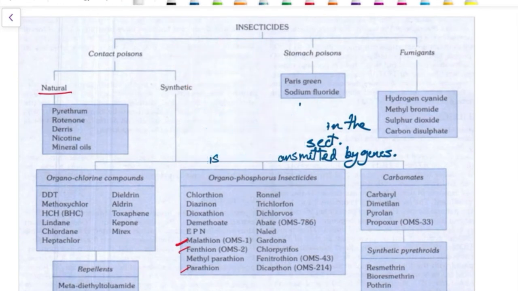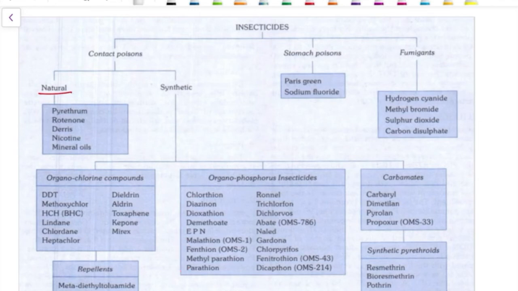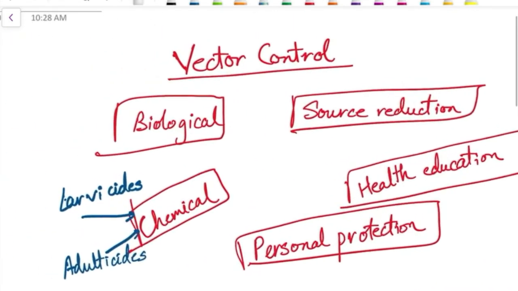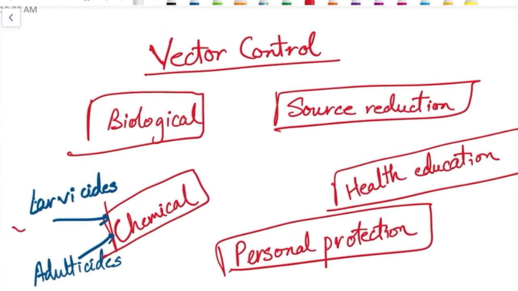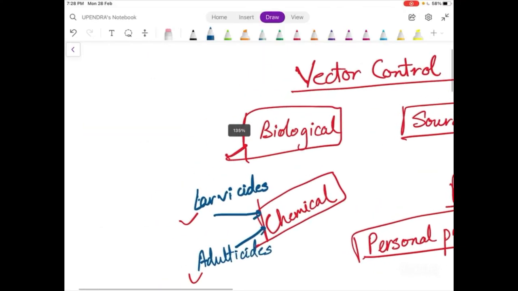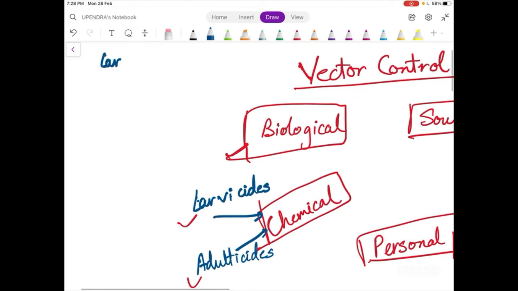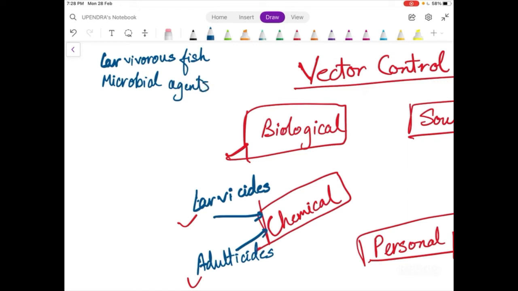Now I will discuss biological measures. So these two have been done. Biological measures. In biological vector control, we can use larvivorous fish, microbial agents.